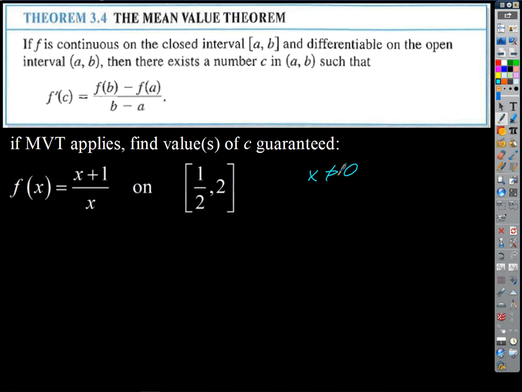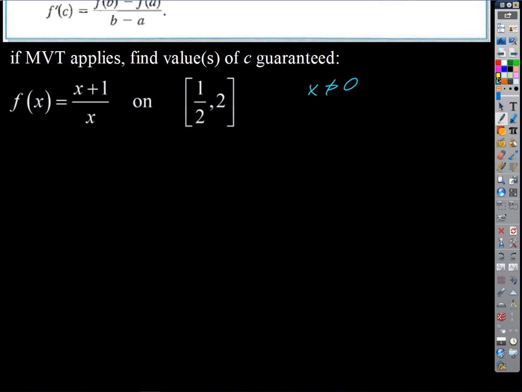Is it differentiable? Well, I don't know, we have to take the derivative and see, right? So this is a quotient rule problem, so let's take the derivative. So, let's see, quotient rule, what do we got? x minus, okay, so low times, and what's the derivative of the top? 1, okay.